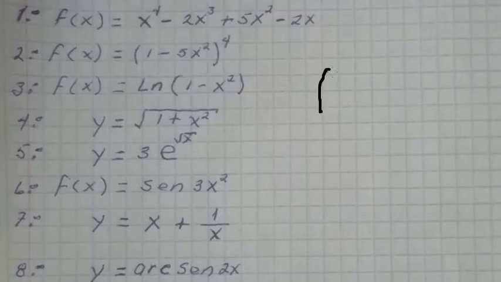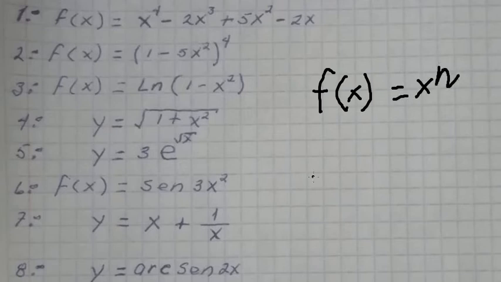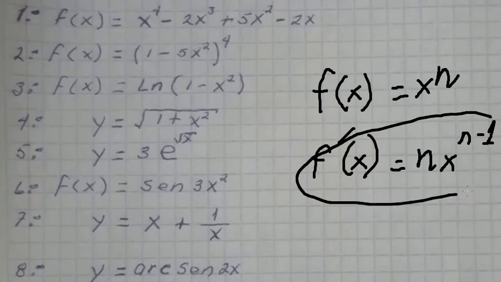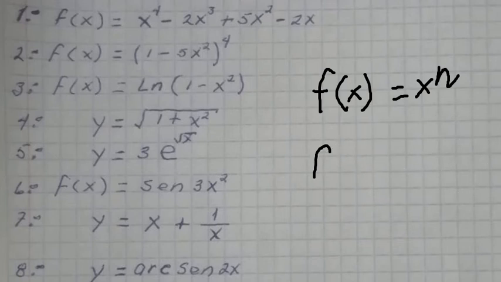So we know that we have the formula in here. s to the power of n. If we do the first derivative, you will get n s to the power of n minus 1. This is the formula in here. So we need to apply this formula in this situation.